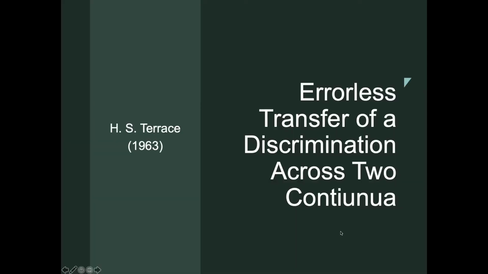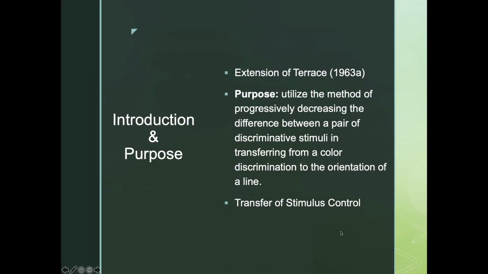So let's jump right into the second article, errorless transfer of discrimination across two continua. So again, to keep things simple, this is basically an extension of the article we just reviewed, and he became very interested in this procedure of progressively introducing or fading stimuli in and out to transfer stimulus control.